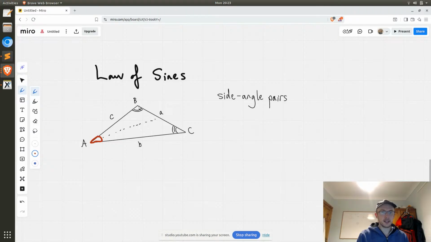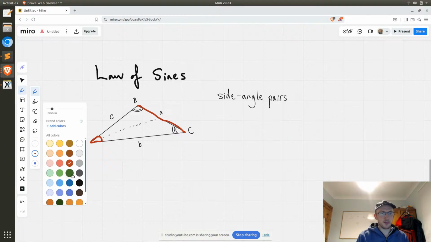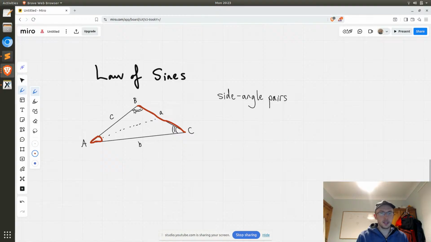Angle A is paired with side A. And perhaps just another one. Angle B in blue is paired with side B. And we'll just do the last one for completeness sake. Angle C is paired with side C.